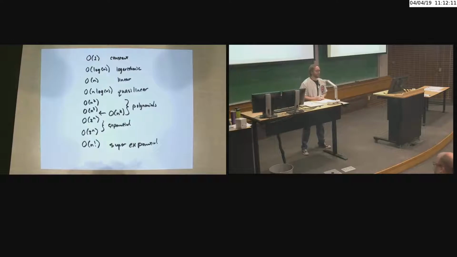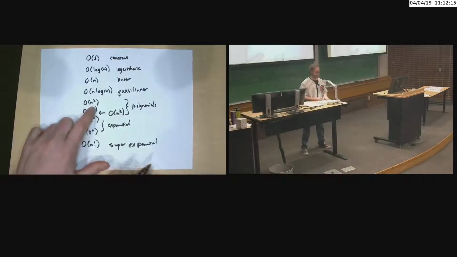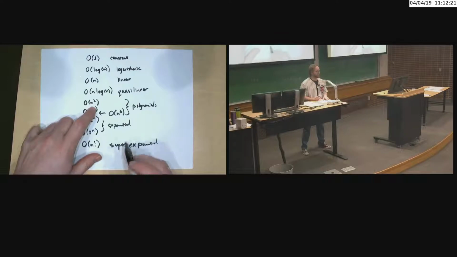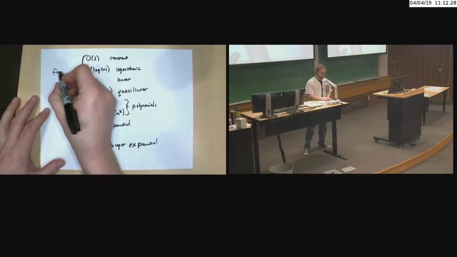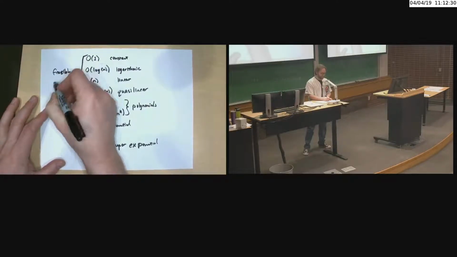Now, in the real world, where we've got moderately large data, we've already seen, is n squared acceptable? Probably not. Not for moderately large data, right? I am going to just say that these are all feasible algorithms.